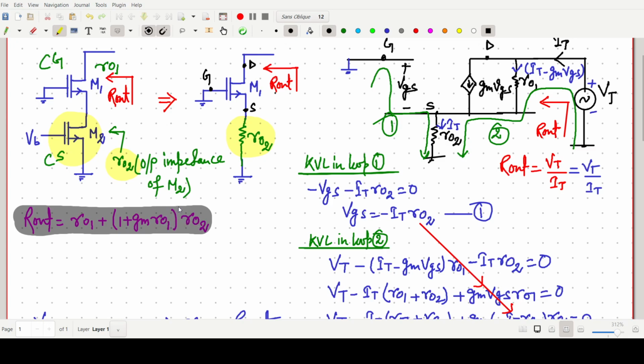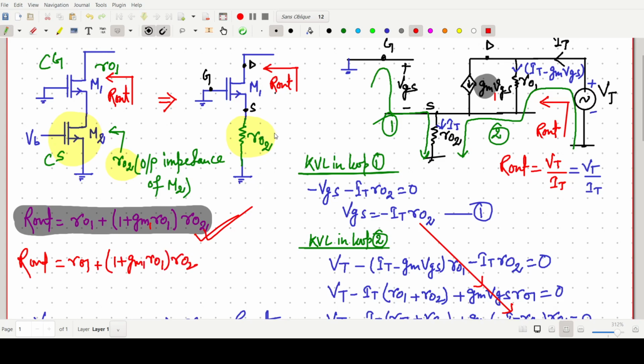Okay, clear? Here this was gm1, so this will be our gm1. Once again I am writing R output: r_o1 plus (1 plus gm1 r_o1) into r_o2.